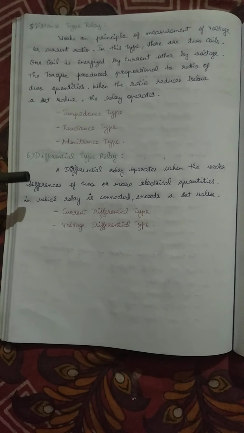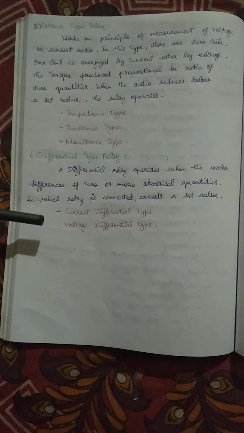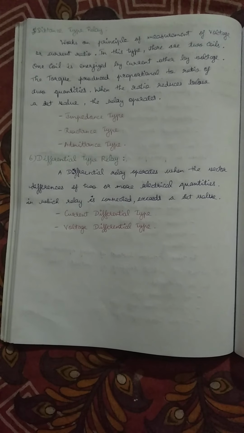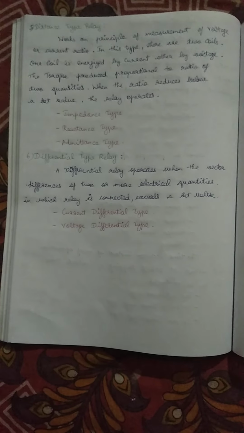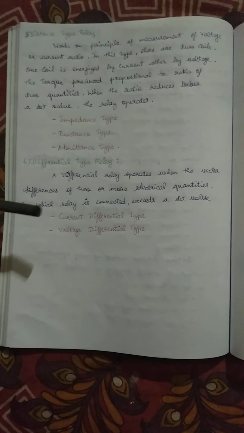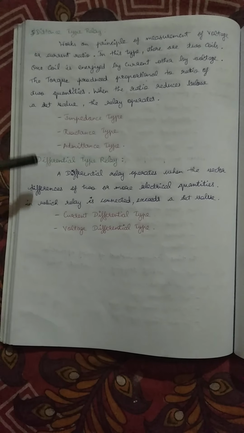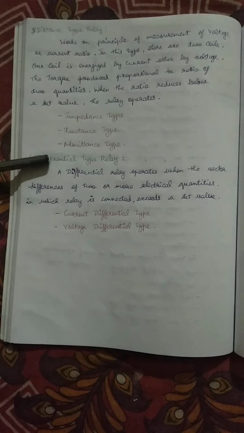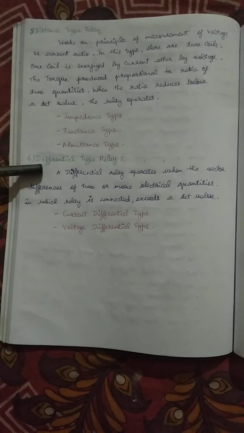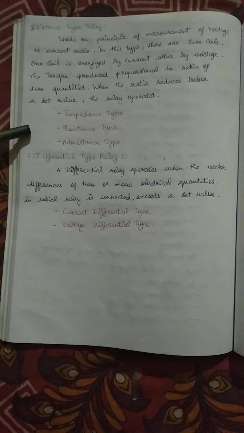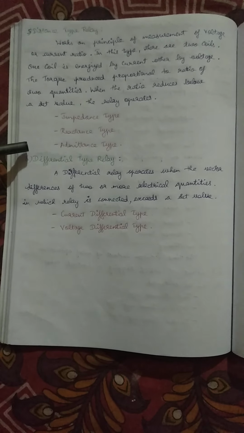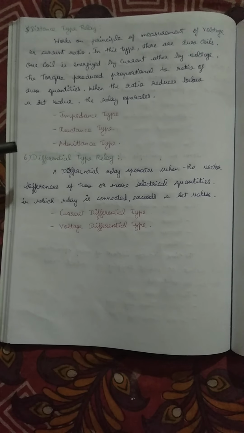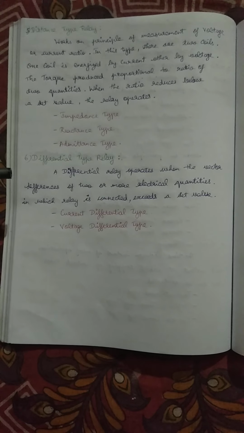Then differential type of relay. It is classified into current differential type or voltage differential type. We can easily say that the differential is used location-wise: for a bus bar we use a bus bar differential, for a cable a cable differential, for a transformer a transformer differential, and for a reactor a reactor differential.